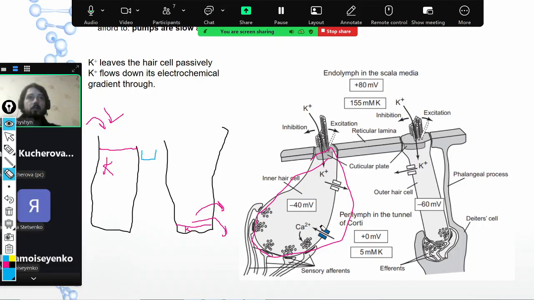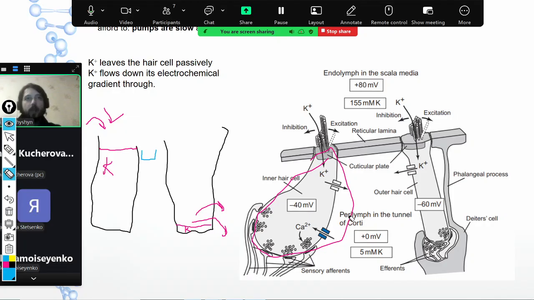So instead of using a lot of time and a lot of energy on pumping all those ions in and out, other cells are performing that job, creating two large reservoirs with low and high potassium, and these cells are just connecting to one, then to another.